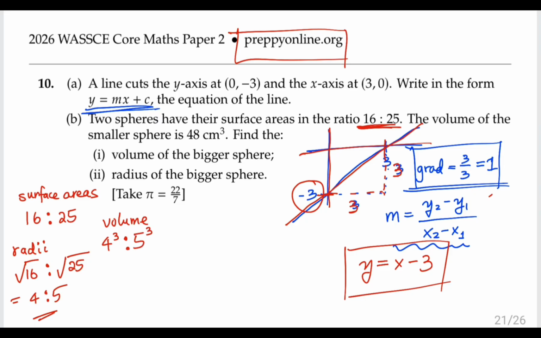Now, these are all properties of plane figures, or not just plane figures, any objects that are similar. So if you have plane figures that are similar, their areas are going to be in a ratio equal to the squares of the lengths of the respective figures.